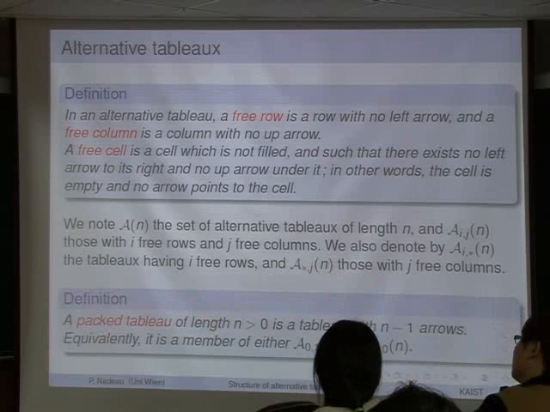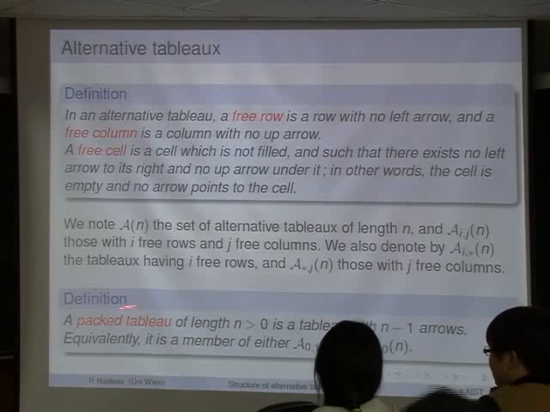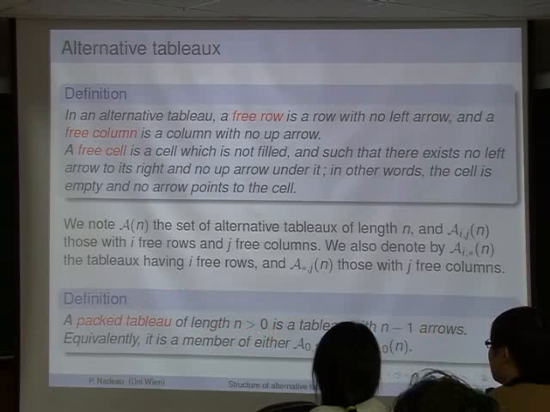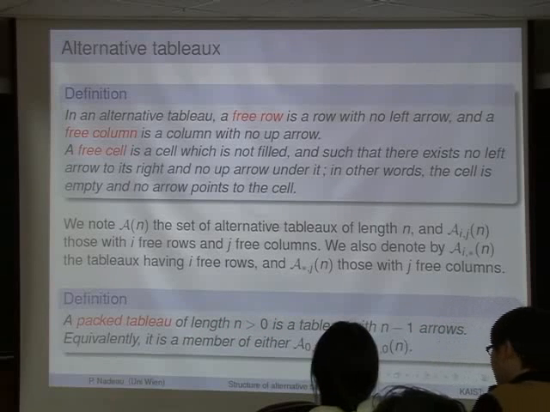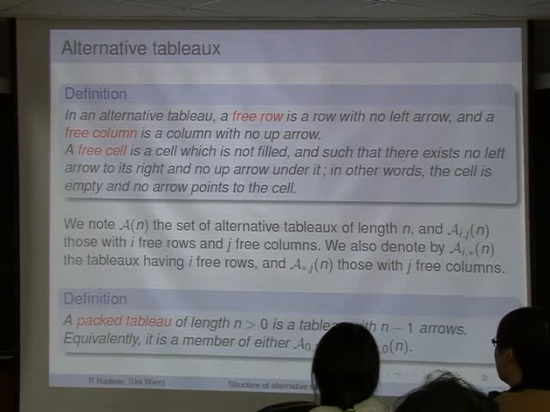A packed tableau is a tableau with the maximal number of arrows. So it's easy to check that if you have a tableau with positive... Oh, sorry, I forgot to say the length. It's very important. The length is the number of rows plus the number of columns. So it's the number of labels that I use. Usually when you consider Ferrers diagrams, you consider the number of cells, as in the Young tableau literature.